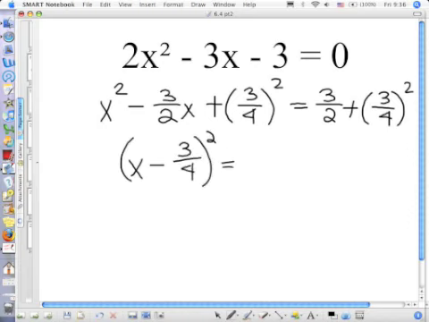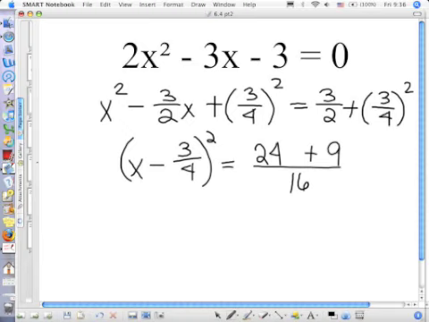is equal to, okay, now we have all kinds of fractions. Don't freak out. Do the same thing. Square 3/4. What is that? 9/16. All right, now I want to change 3 halves to something 16ths. 24/16. Because 2 goes into 16 8 times.